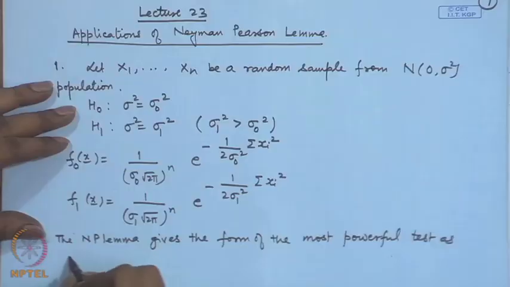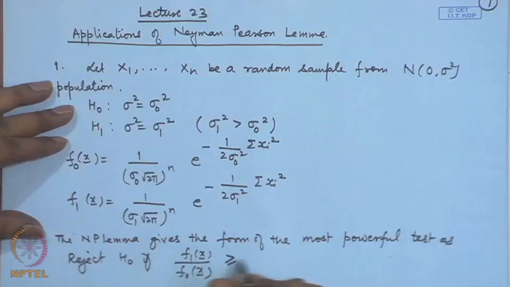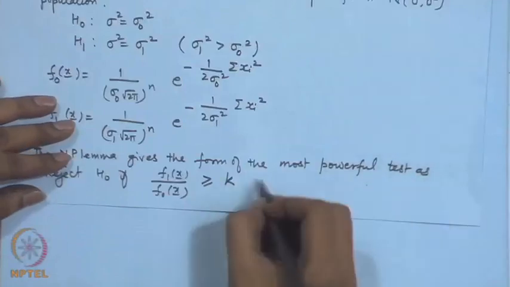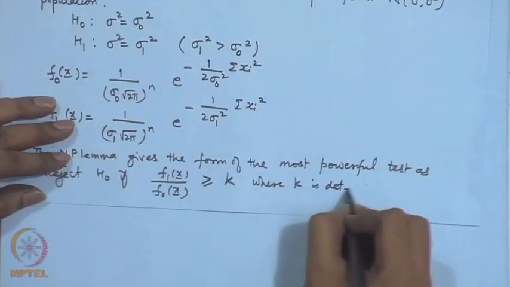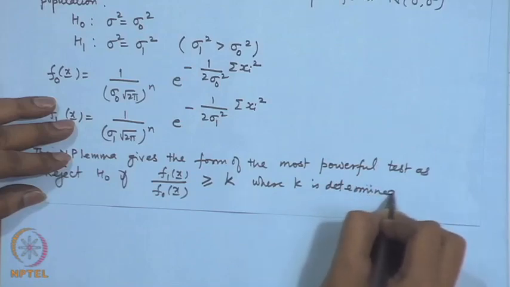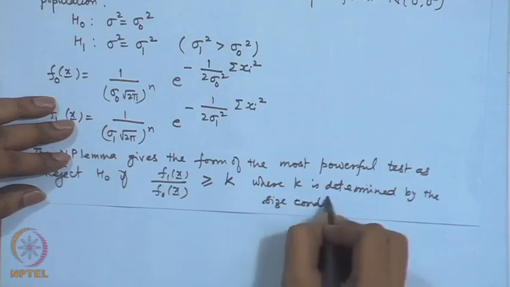So, the test is: reject H naught if f 1 x by f naught x is greater than or equal to k, where k is determined by the size condition.